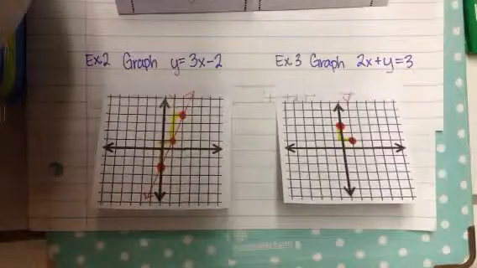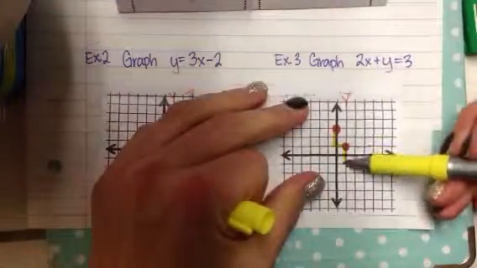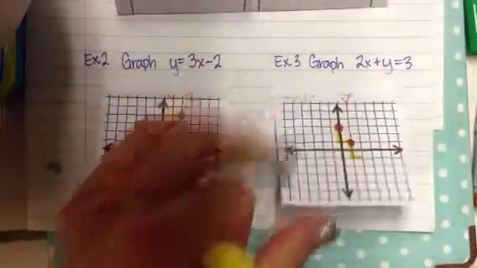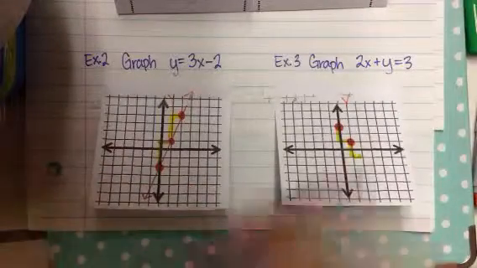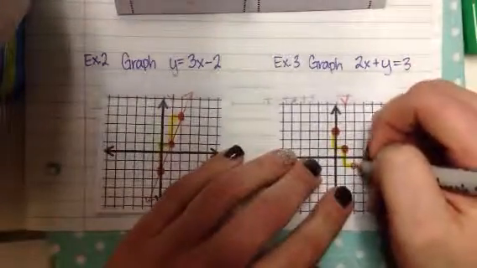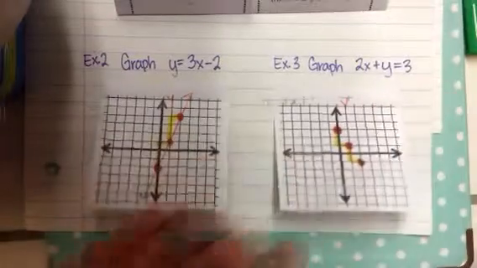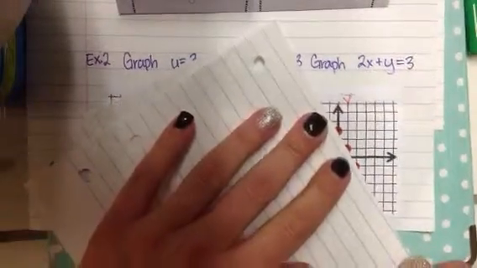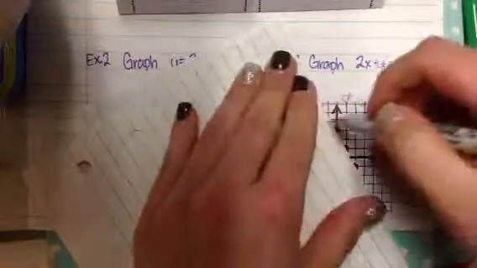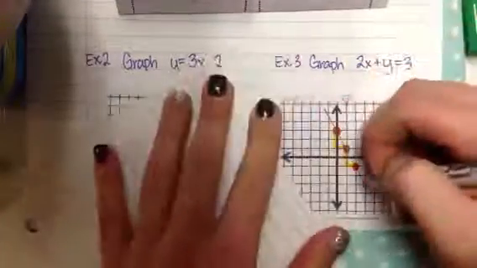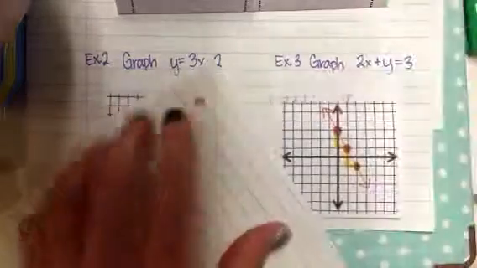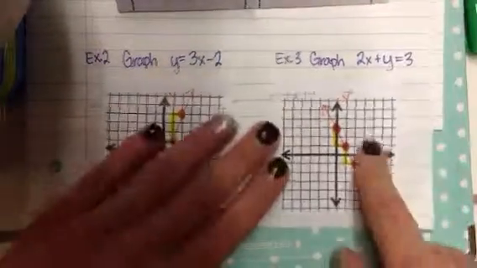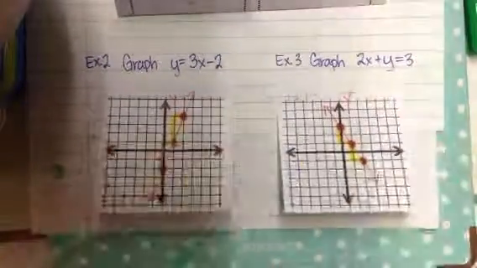And then we will go down 2 over 1. And then we can connect our dots with a straight line. And that's it. We've now graphed the equation 2x plus y equals 3.